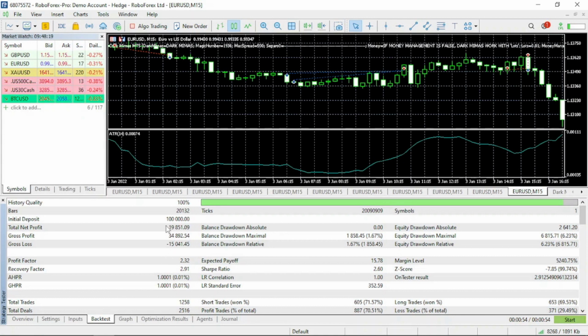With our stop loss enabled, we still see a total net profit of 19,851 with a 6% equity drawdown, a profit factor of 2.32, and a total amount of trades of 1,258. Total win percentage was 70.51%.